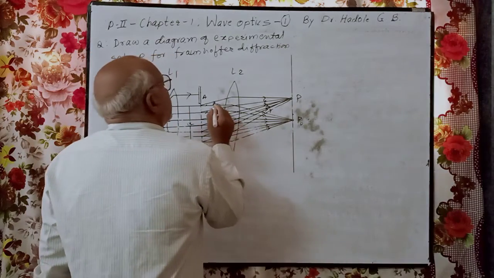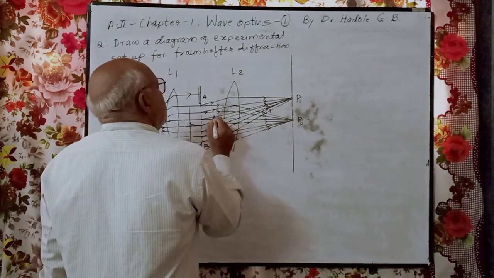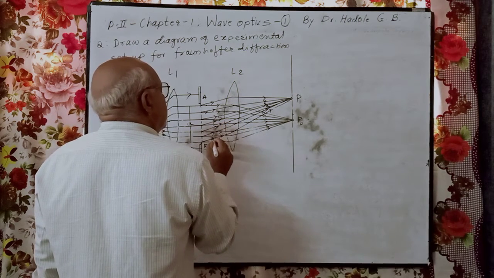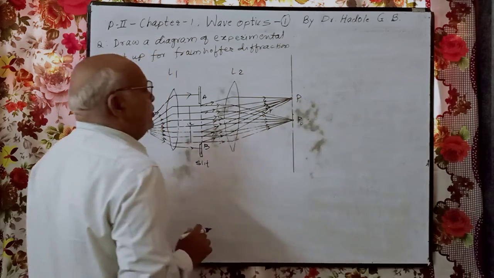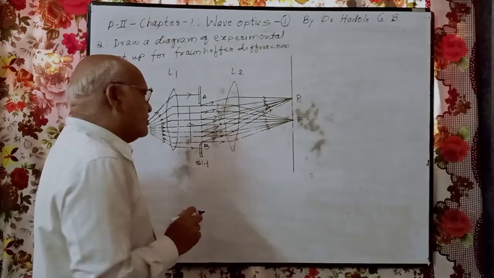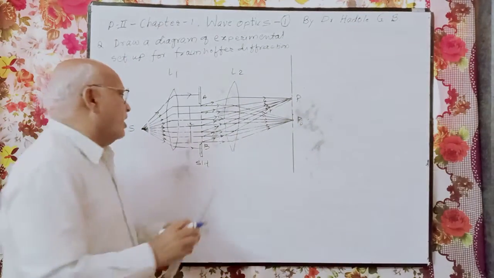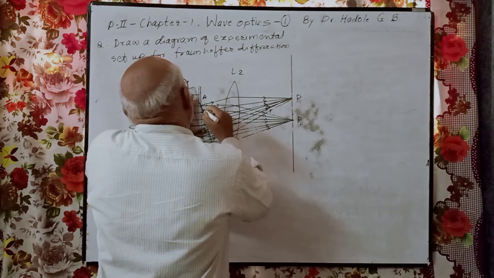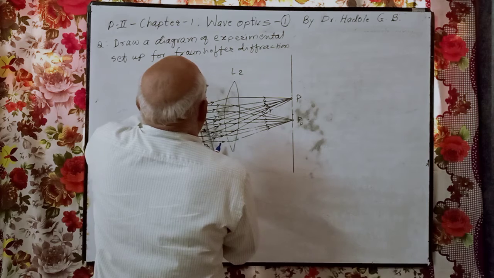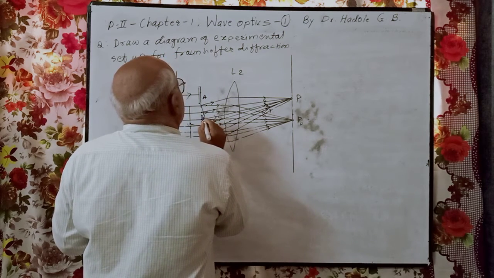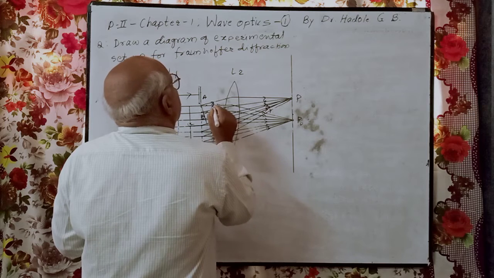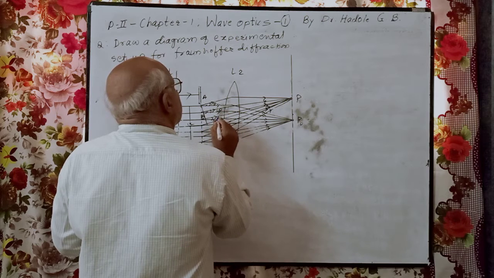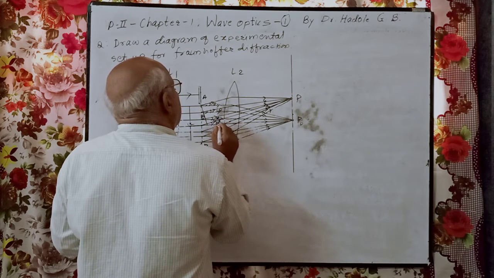So here, after diffraction, these rays travel in this direction, and due to this lens they get converged at point P. At this time, they make a certain angle theta.